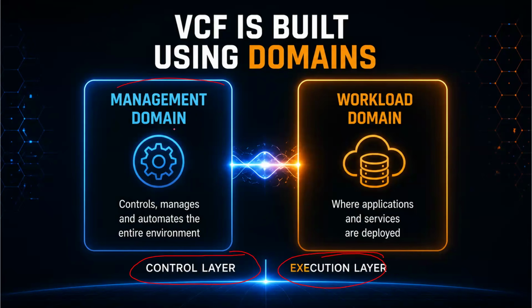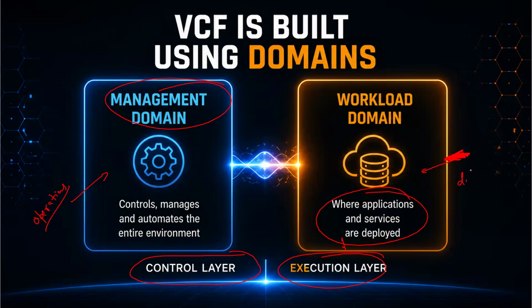One layer is controlling the cloud operations, while the workload domain is consuming the cloud, because that is where your enterprise application services are running. One manages operations, while the other delivers the real business services for our customers.